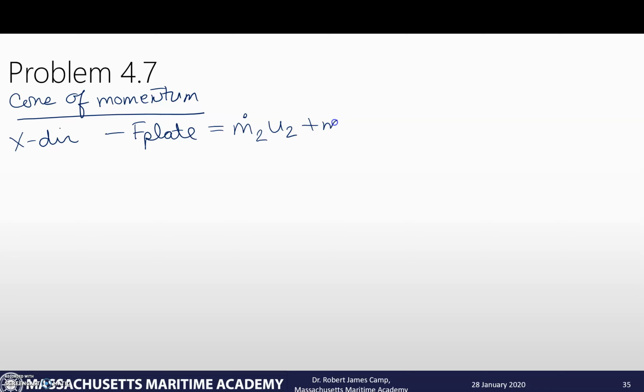We have the mass flow rate going out, we'll just call it the upper, on the upper part of it, times the x velocity in the upper, plus m dot of the lower times the x velocity in the lower. And then we subtract what's coming in, m dot 1 u1.